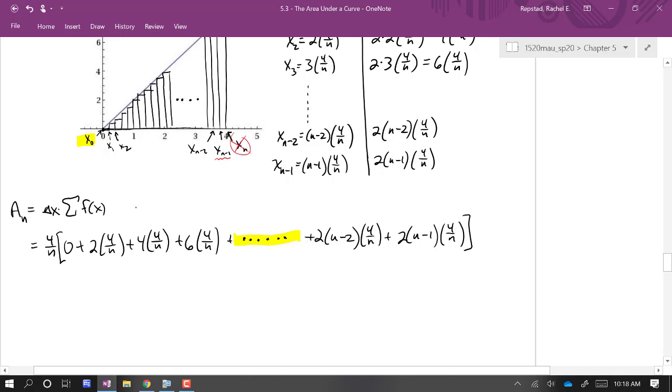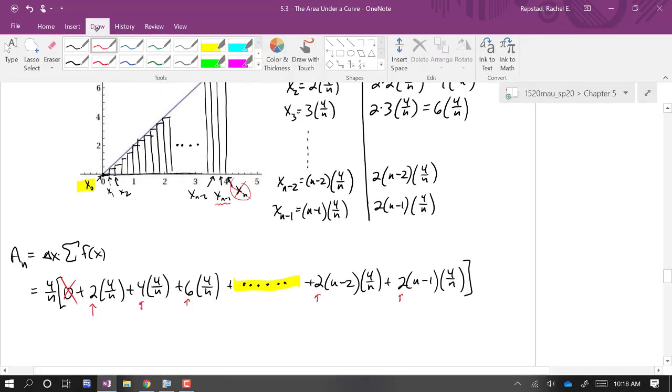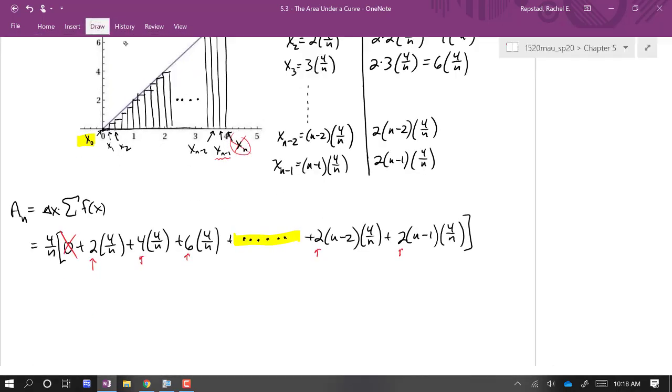So what we're going to do is a little pattern recognition. First of all, the 0 there doesn't matter, so I'm going to throw that term out. But also, each term has a factor of 2, and each term has a factor of 4 over n.